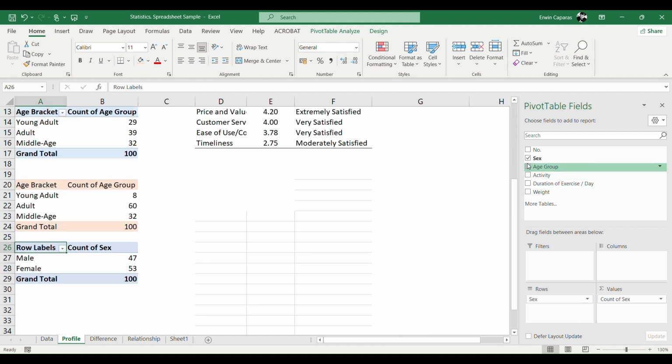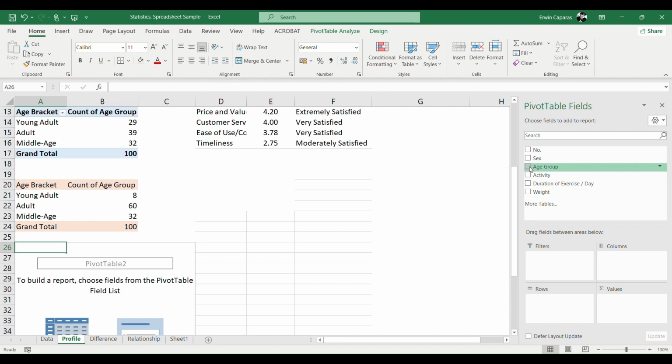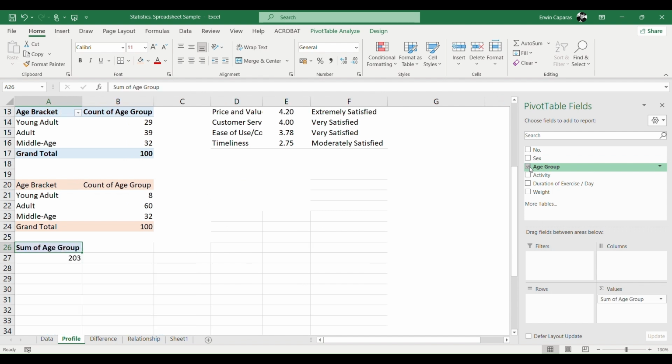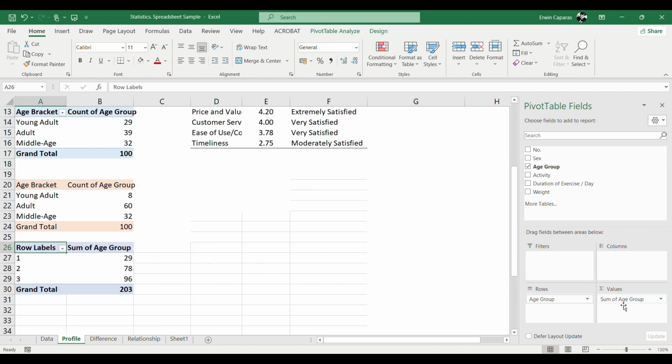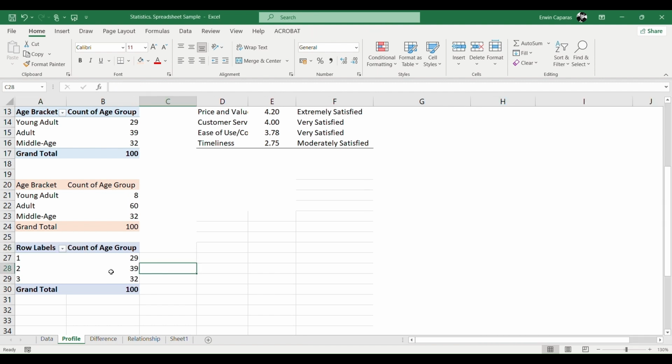So, we unclick the sex, we click the age group, and then we click and drop it to the rows, and then we change the sum of age group to the count of age group. Then we click OK.